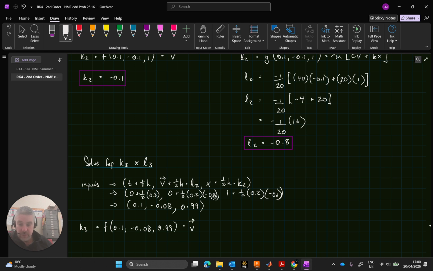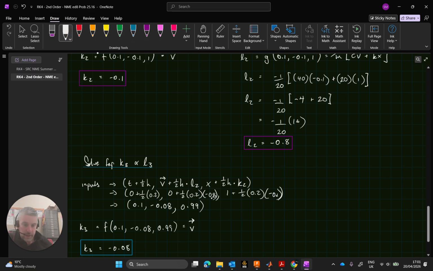That's the function value at those inputs. So the only value that's applicable is minus 0.08, which is my v value. So K3 is equal to minus 0.08. Doing this in blue, so I'll box it off in blue. Lovely.